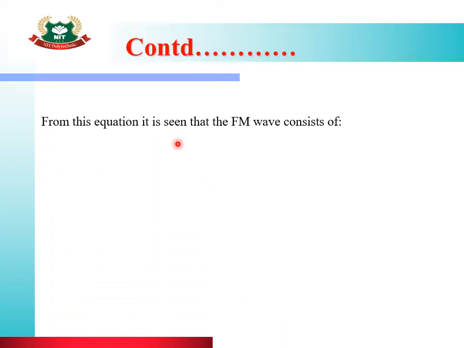This expression is called Bessel's function. From this equation, it is seen that the FM wave consists of the carrier, the first term in the equation. There are two types of signal. One is the carrier signal, which is common for AM as well as FM. But in AM there are two sidebands, the lower sideband and the upper sideband.